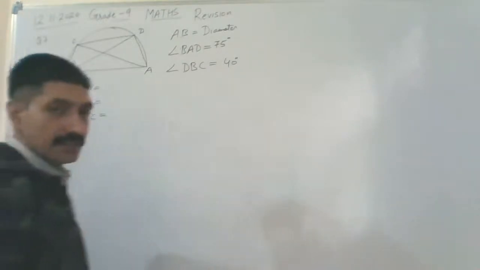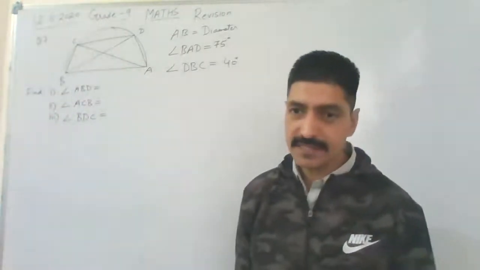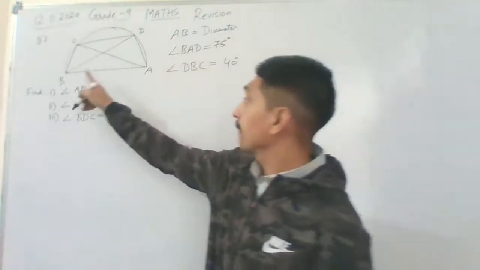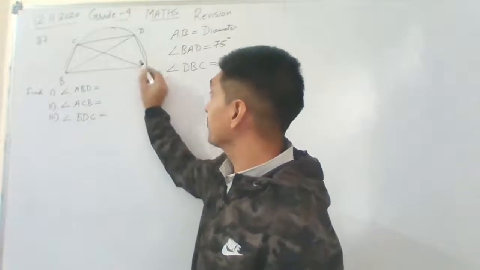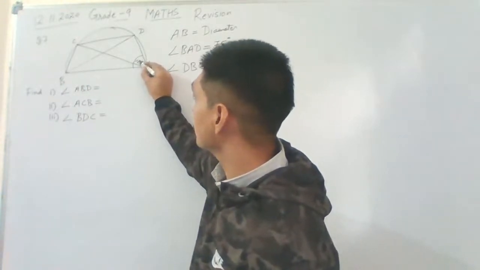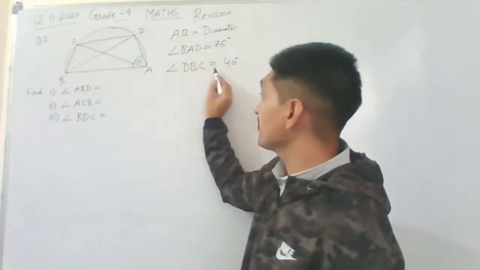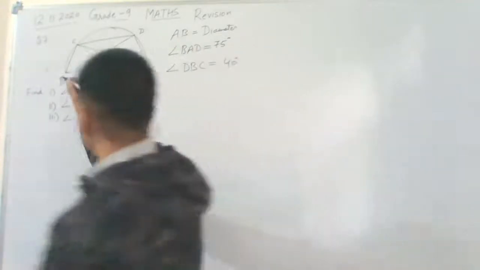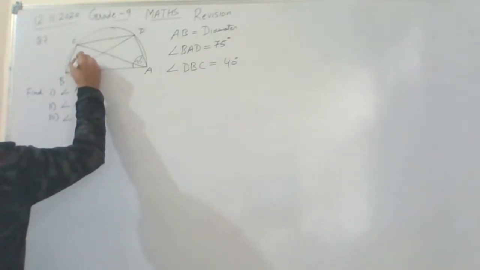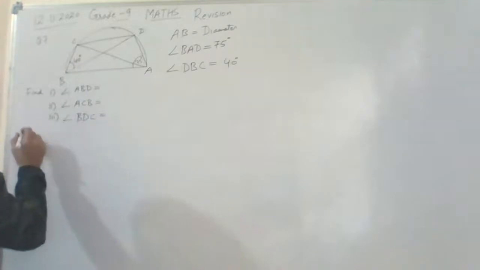All three angles, right? So the diagram is given. What is the angle BAD? This angle is 75 degrees. And DBC, this angle is 40 degrees. So find, this is question number 7.